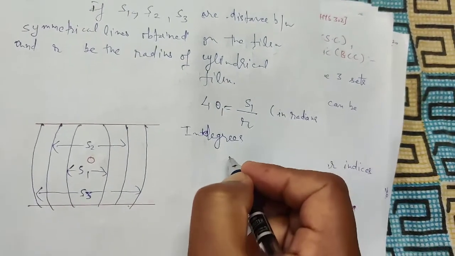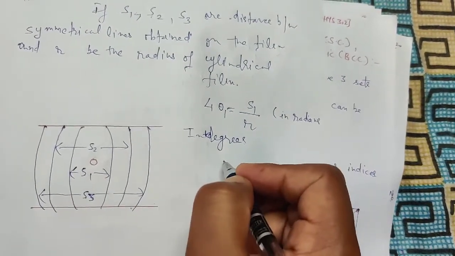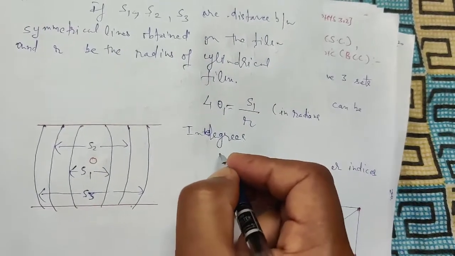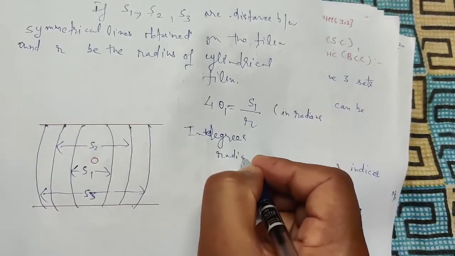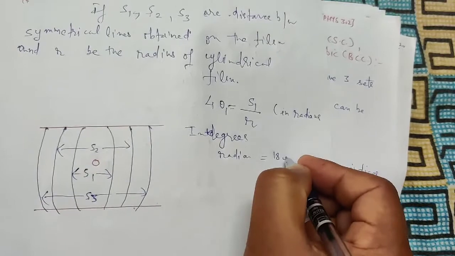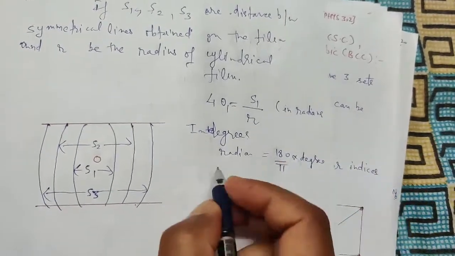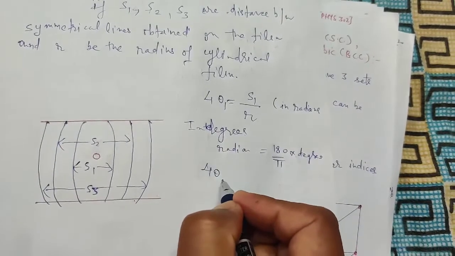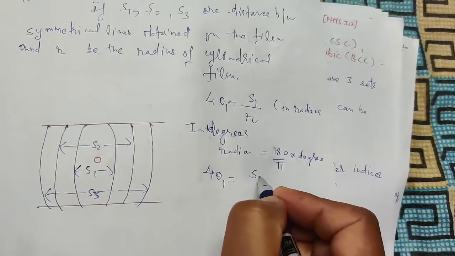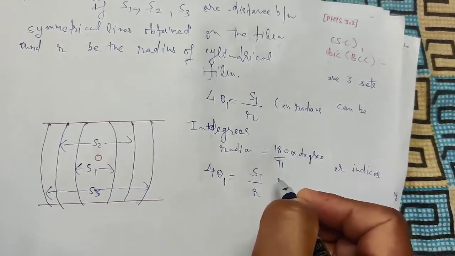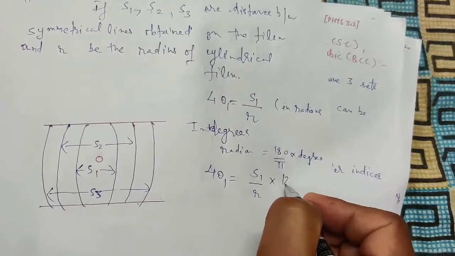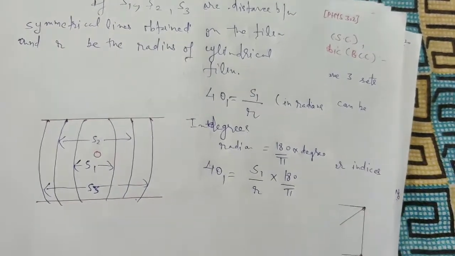If you want to calculate this in degrees, what is the relation between radian and degree? The relation is radian is 180 upon pi into degree. So in degrees this will be 4 theta 1 equals s1 upon r multiplied by 180 upon pi.